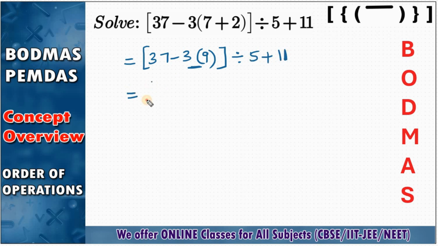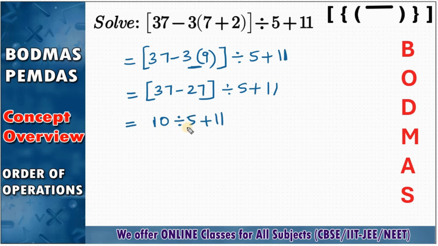Now next step, that is equal to 37 minus, as I said, 3 of 9 or 3 times of 9, 27, bracket close divided by 5 plus 11. Here if you simplify this bracket, 37 minus 27 is 10 divided by 5 plus 11. So 10 divides 5, since we have to do division first, right? So division, 10 divides 5 is 2 plus 11, 13 is the answer.